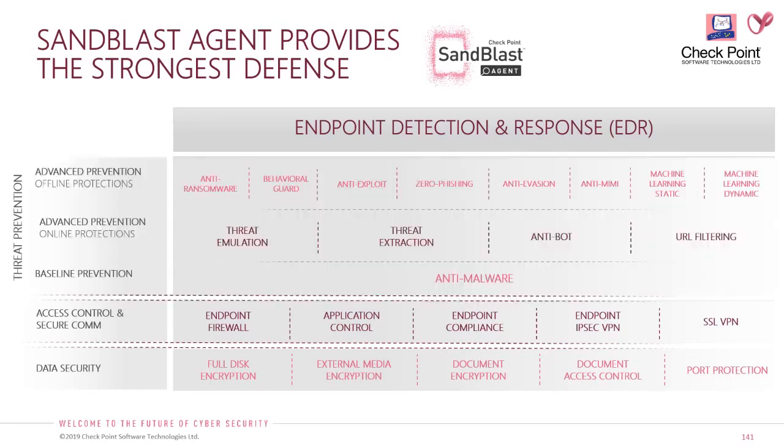And for advanced attack prevention, we have two protection mechanisms, offline and online, which I explained earlier. With the offline mechanism, even if you are not connected, you will have all these detection techniques: anti-ransomware, behavior guard, anti-exploit, zero phishing, anti-evasion, anti-Mimikatz, and machine learning dynamic. You have all these techniques to protect in the offline environment.